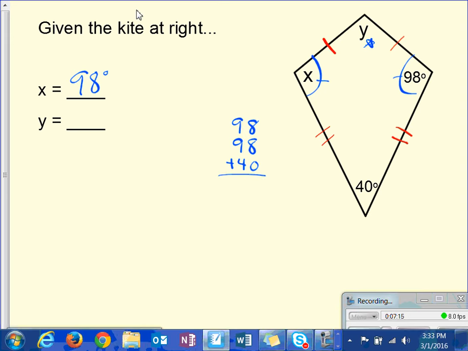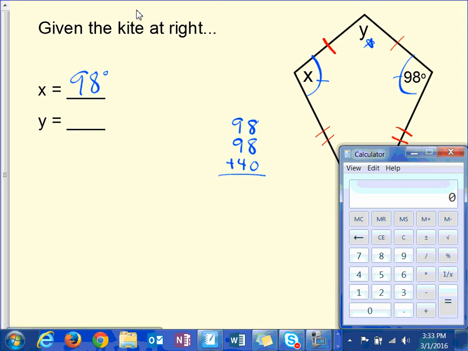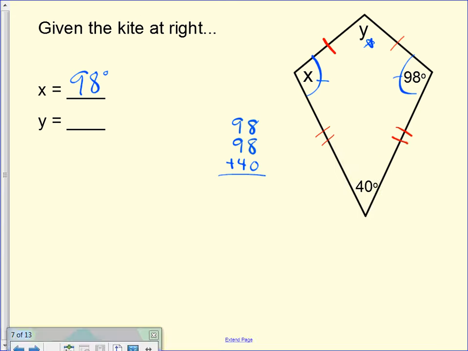You know what? I'm going to admit I'm human and say 98 plus 98 plus 40 gets me 236. Awesome. Let's go back here. 236 degrees. So I need a total of 360, so I subtract 236 from there. I get 124. And boom, there's Y.